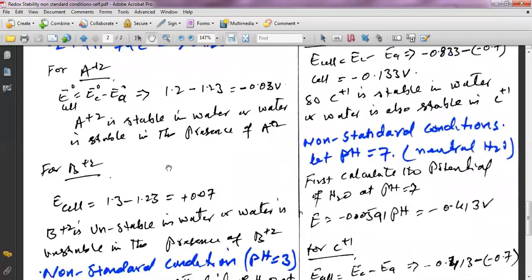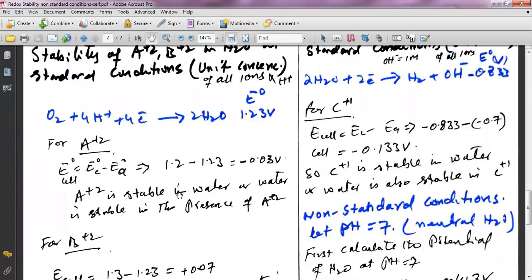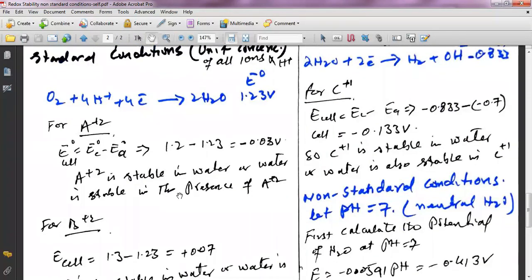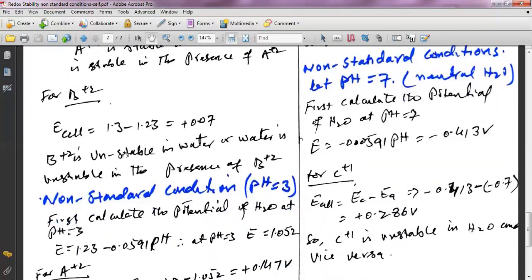This I have already discussed before, and you have submitted the assignment over there. So let's move to B plus 2. B plus 2 is in a similar way. The standard cell potential is 1.3 and minus 1.23 is the standard cell potential of the water, and the net cell potential is 0.07.